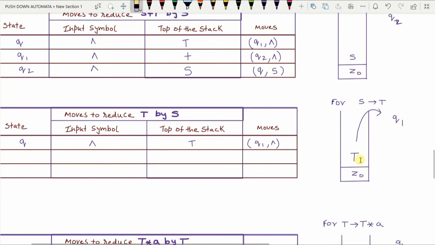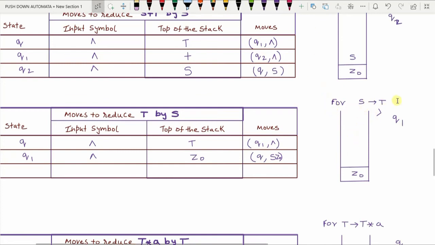By doing that, the stack is empty, and in state Q1, again when nothing is read and the top of the stack is empty, I push S onto the stack. I will push S Z0 on top of the stack, and I come back to the initial state Q.